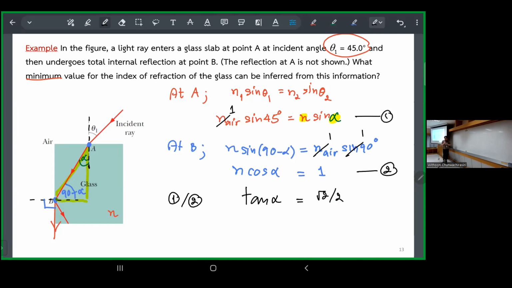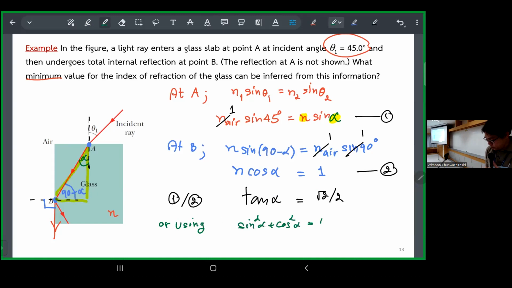But if you want to be a little bit more sophisticated, if you just want to jump right ahead into the value of n, what you can do is use the identity sine square plus cosine square equal to 1.